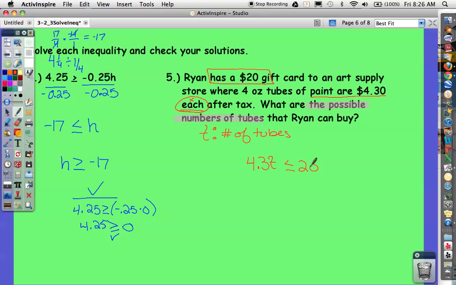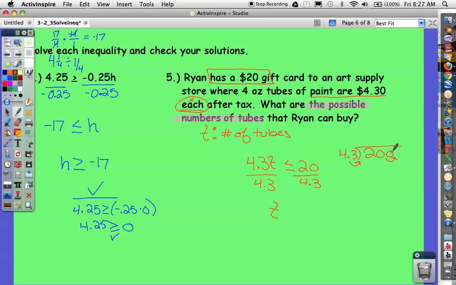He can spend all of his money, but he has to stay beneath that. Divide by 4.3. Don't be scared with these operations, guys, with decimals. You need to get used to it. I'm going to pull this over on the side. Remember, if you don't want to divide by 4.3, you move the decimal over 1 to get a positive integer. Add one more decimal point here, so you have 200.